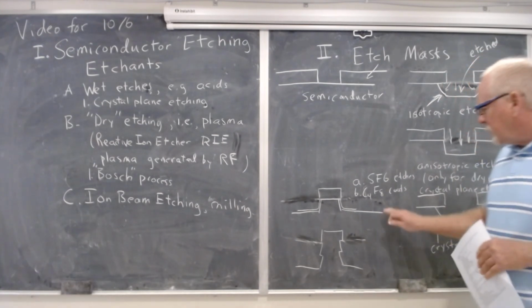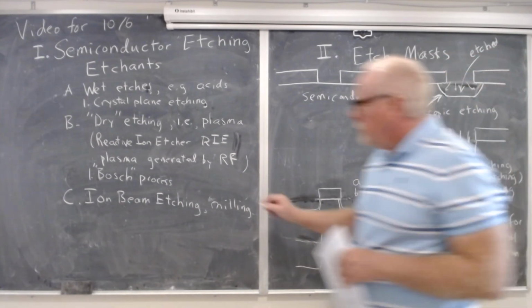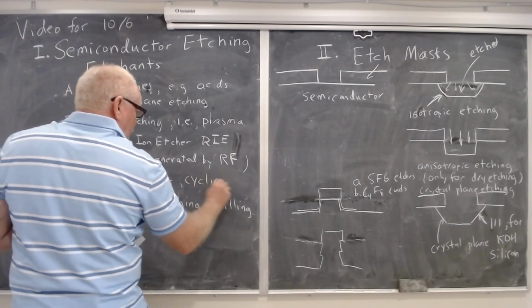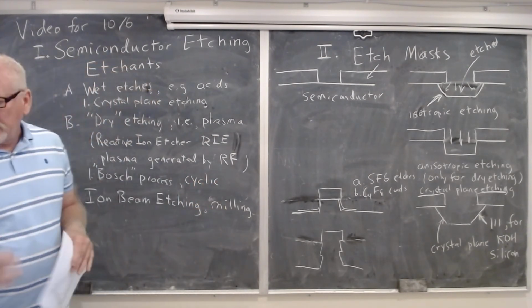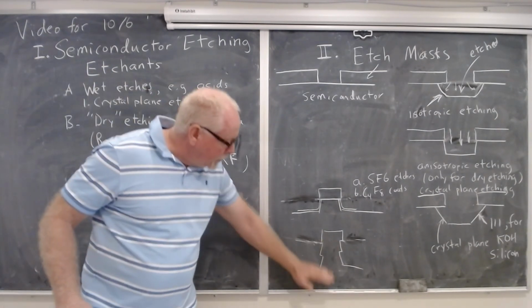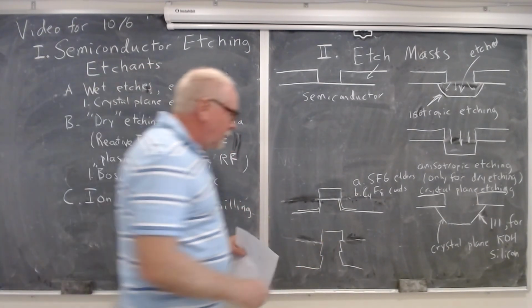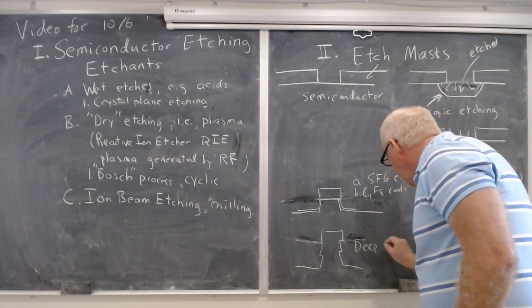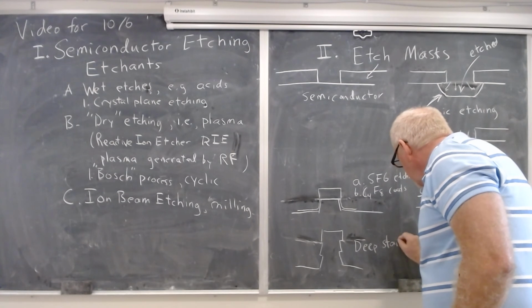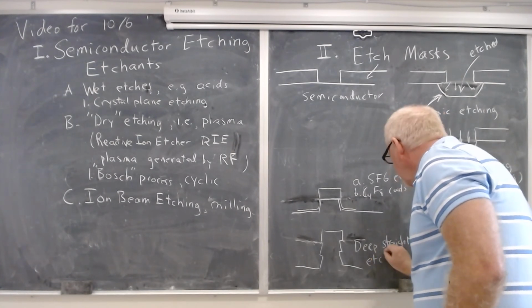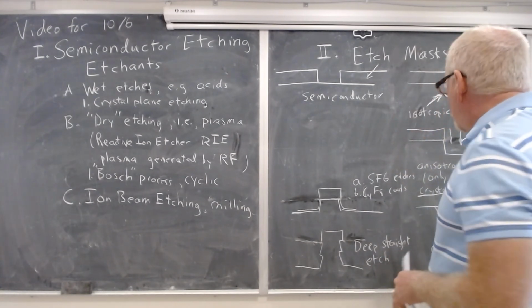And so this is a cyclic process where you first introduce one gas and another gas back and forth, and you can go in steps like this, and so you can perform a very, very deep, straight etch. So Bosch.